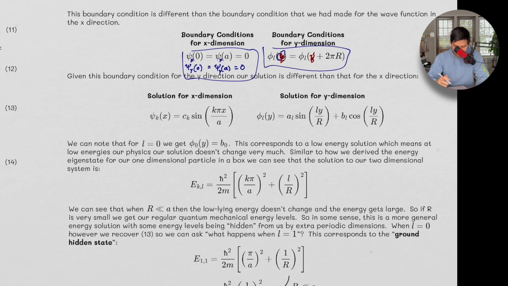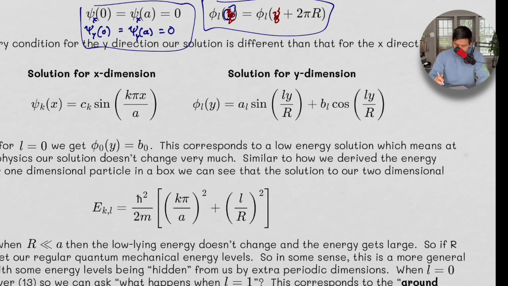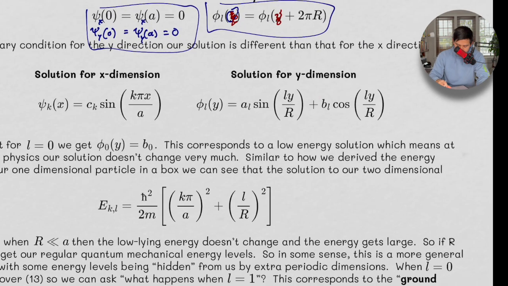So if L is 0, we get this. This corresponds to a low energy solution, which means that at low energies in our physics the solution doesn't change very much. So the solution is just this constant.